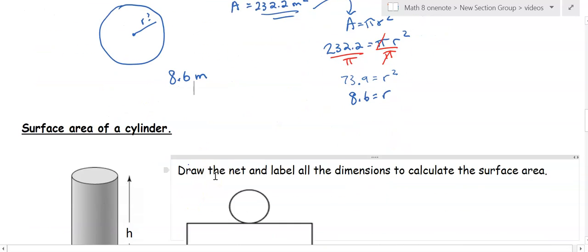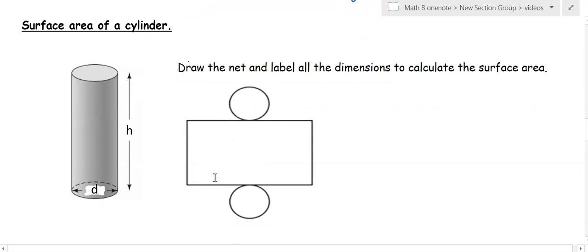All right, let's move on to our cylinder. So we know the net of a cylinder is this curved surface laid out looking like a rectangle. It's kind of like if this was a soup can, this would be the label of the soup can, where we could see what kind of soup it is, and the top and bottom would be the circles, the part we would cut around to open the soup can.